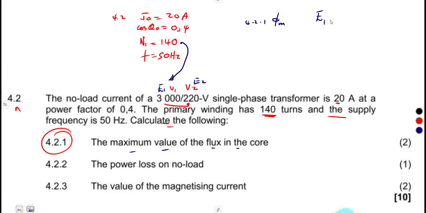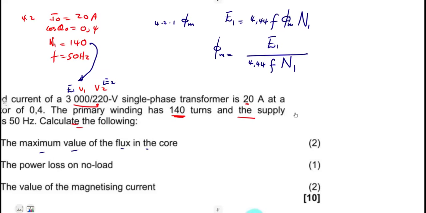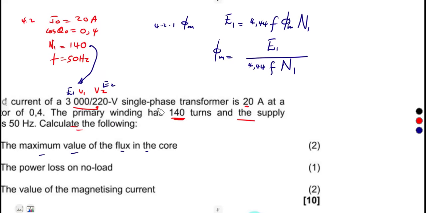So from that EMF equation, E1 is equal to 4,44 times frequency times the maximum flux times our N1, which is the number of turns. Yes, the maximum flux is here, so you can simply divide to obtain the maximum flux. So it's going to be E1 over 4,44 times frequency times N1. So we have got everything.